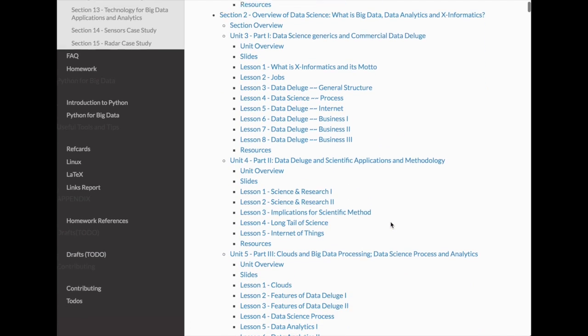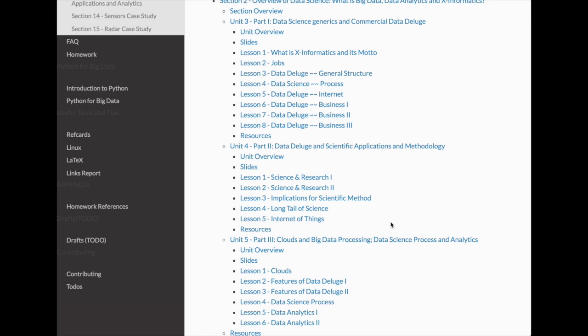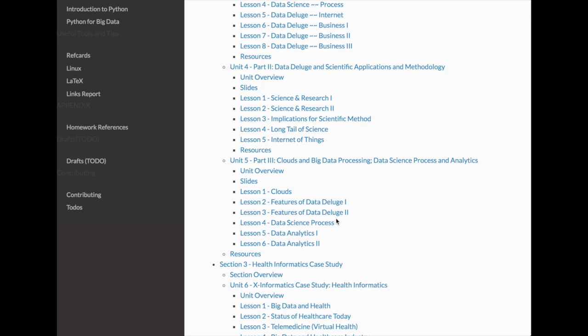We introduce you to the data deluge problem for various areas. This includes the internet, business, general structures of data deluge, research data deluge, and its implications. We introduce you also to the Internet of Things and how this is affecting it.